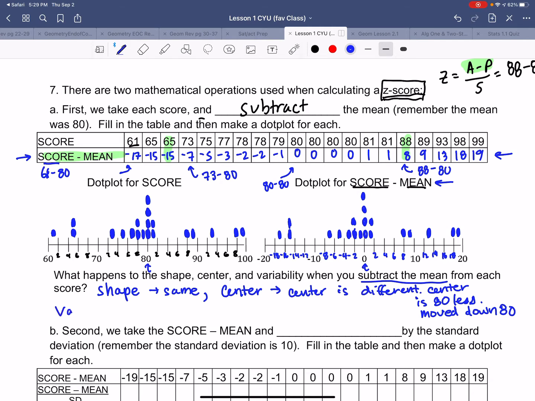Now, what about our variability? We notice our measure of spread, the dots' spread, is exactly the same. We could also take our max minus min, 99 take away 61, we get 38. And the other number, we have 19 and negative 17. 19 minus negative 17 is, what do you know, I get a different number. So did I do the math wrong?